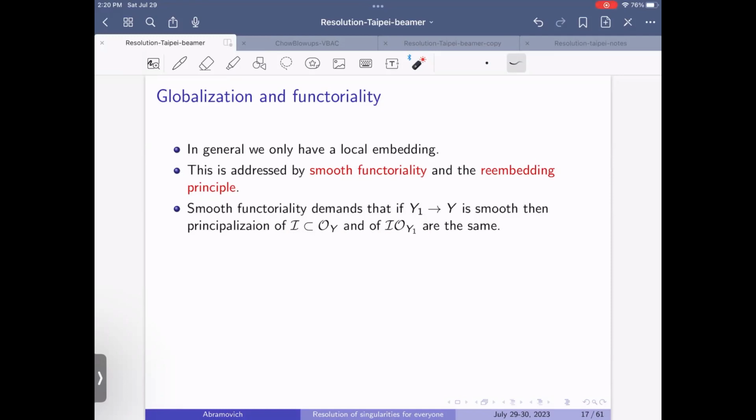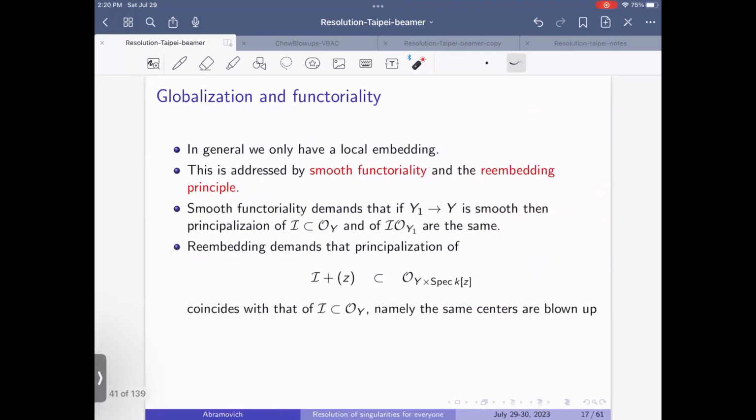If you want to be formal, smoothly functorial principalization is a functor from pairs of a variety with an ideal, with arrows given by smooth morphisms, to principalizations. But let's not be too formal. So that's about smooth factoriality.